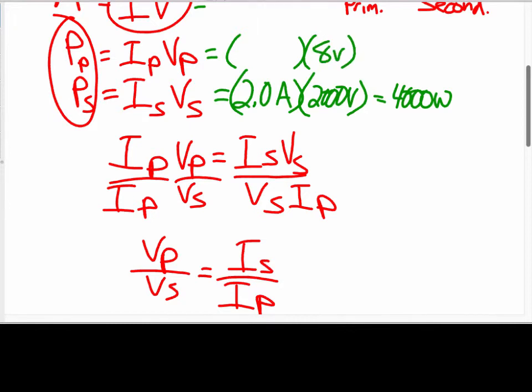So what does that mean about the current? How can I figure out the current for the primary? Whatever it is, the power has to equal 4,000. So what do I multiply 8 by to get 4,000? 500. So it should be 500 amps. You see how that works? That's what transformers do.